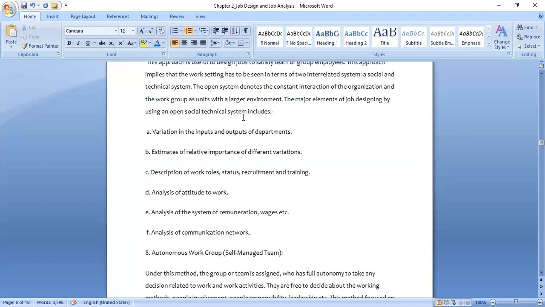Then you have to specify the analysis of attitude to work, and the remuneration or the wages or the payment. You have to put the figures there: how much is going to be paid to each of these teams or to each of these departments.